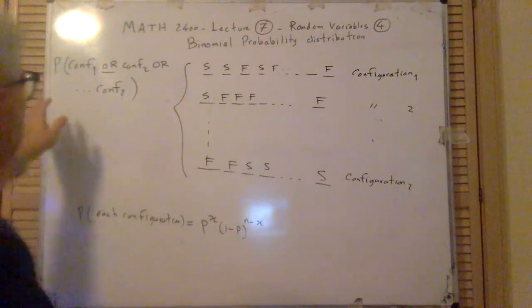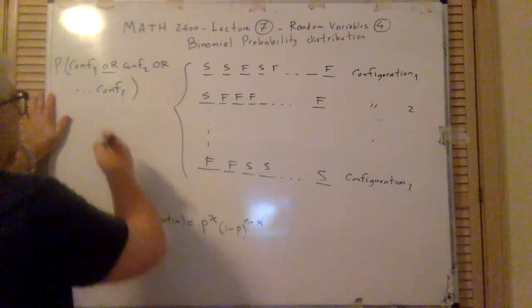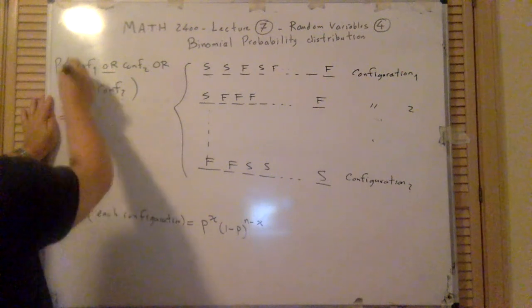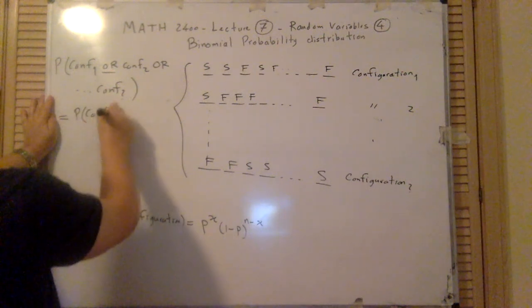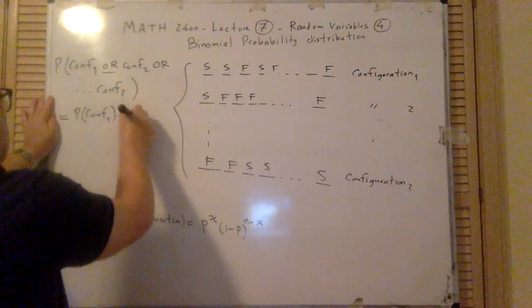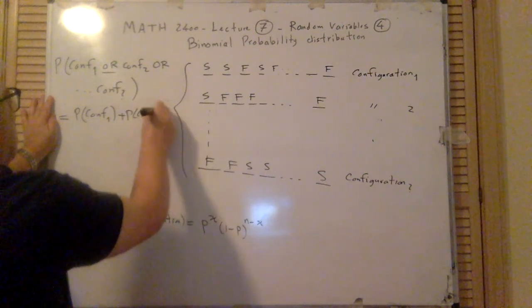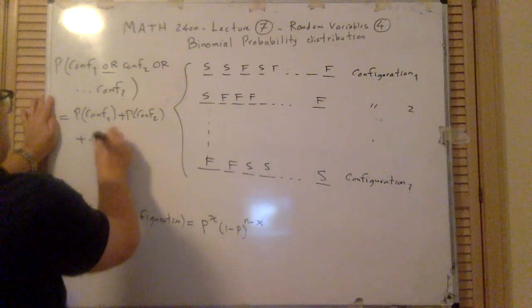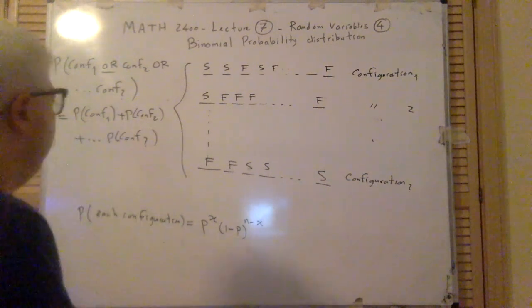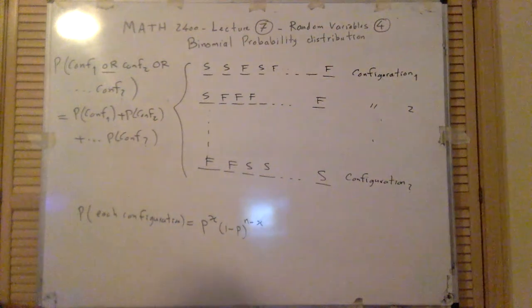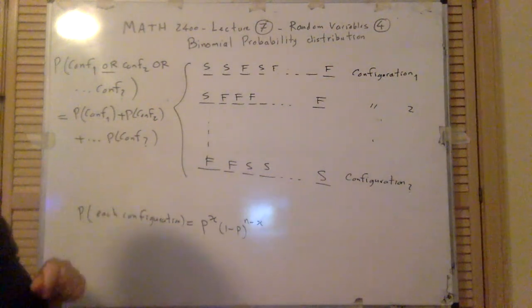And remember, when we had mutually exclusive, then this is simply adding them. So this is probability of configuration 1 plus probability of configuration 2 up to probability of configuration question mark. So how many such probabilities do I have? Question mark.